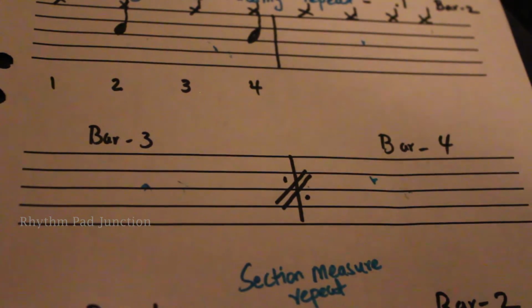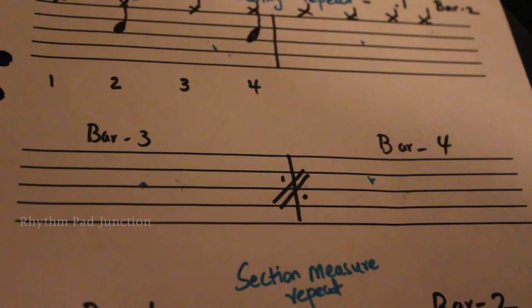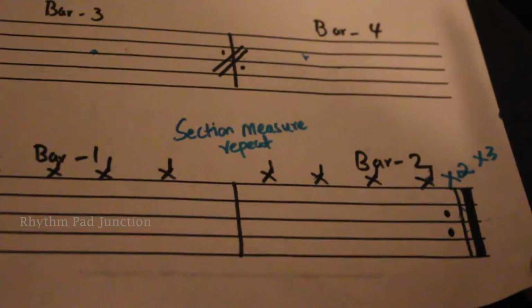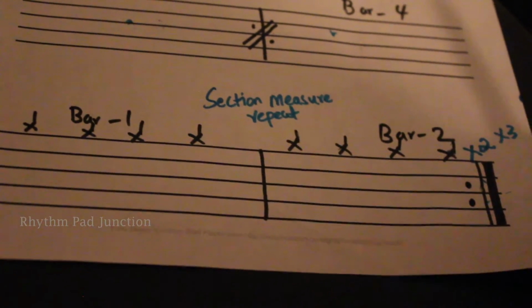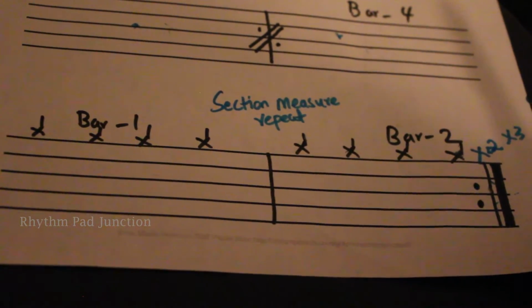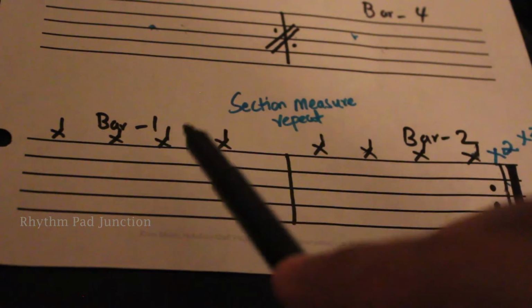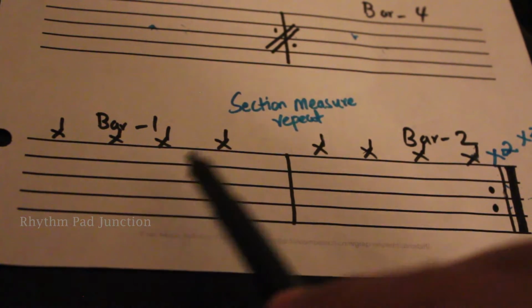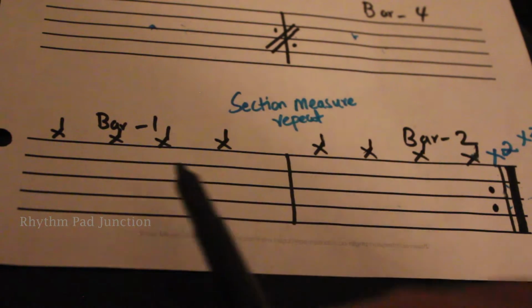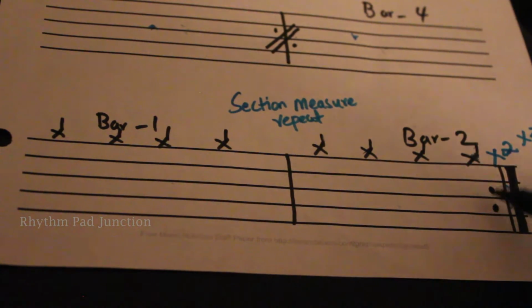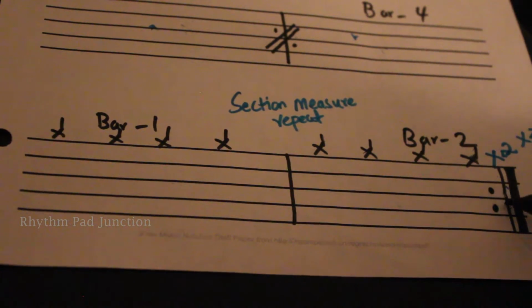Now the last one is section measure repeat. It's a very simple concept. I'm just going to show you a 2 bar example. We have this on bar 1 and bar 2. At the end of bar 2 we have this colon sign. This colon sign means section measure repeat.